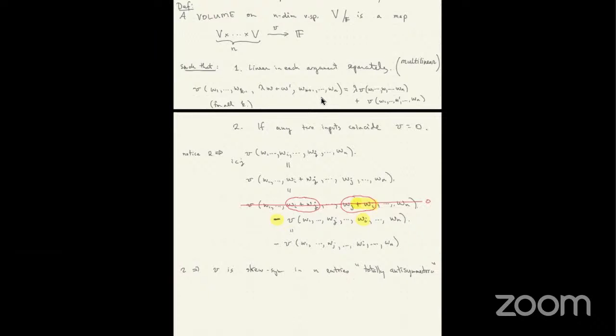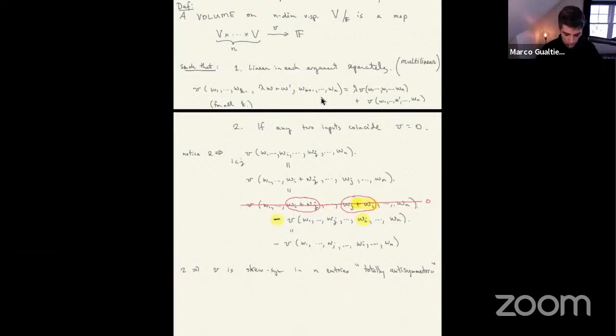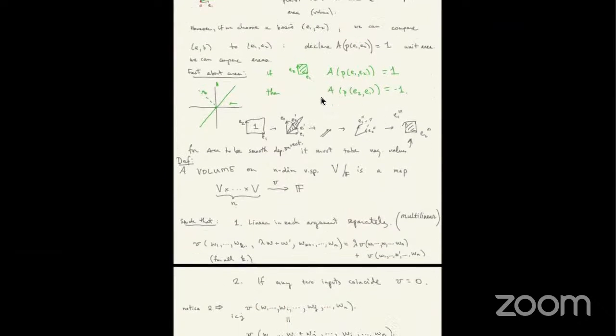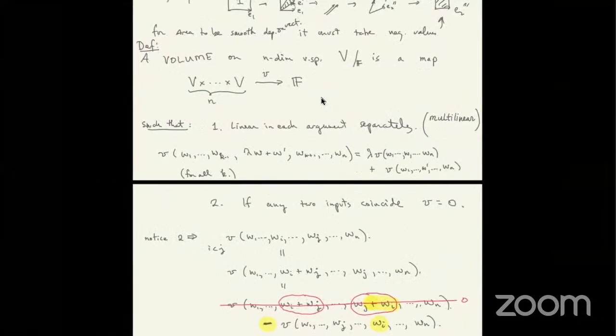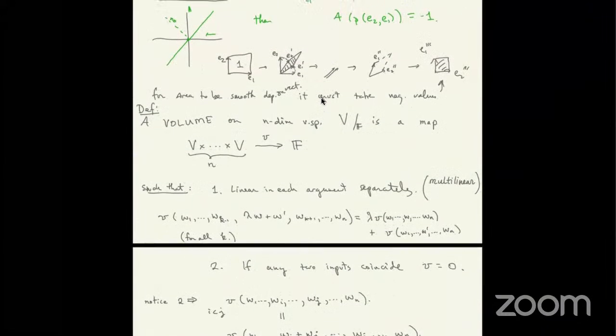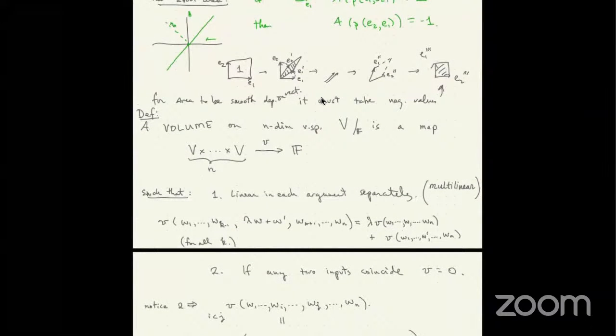Also, can you move to the first axiom again? About the plus thing, if there's one term that's added to something, and the rest of the terms are the same, like lambda w plus w prime.